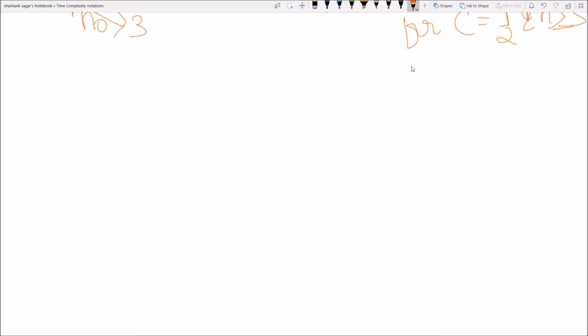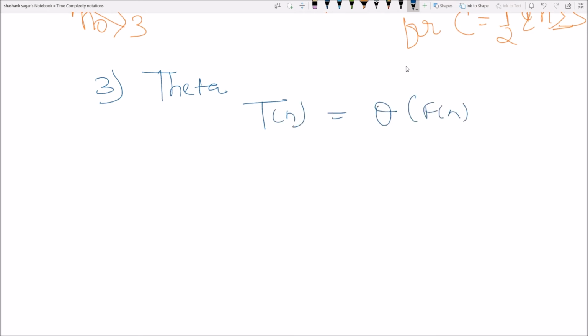Okay. Now let's see the final one, and that is theta notation. Third one, theta. Suppose I am saying T of n is theta of f of n. What do we mean by this?